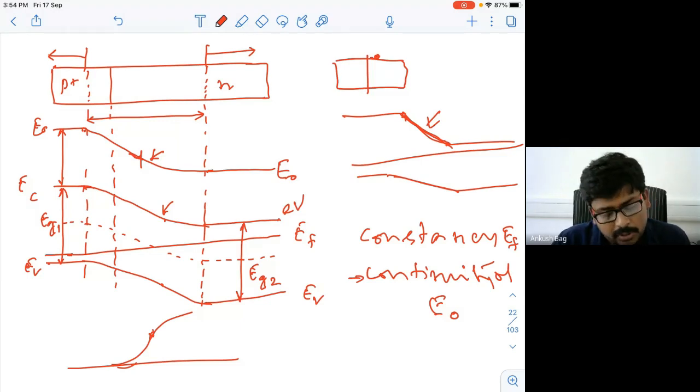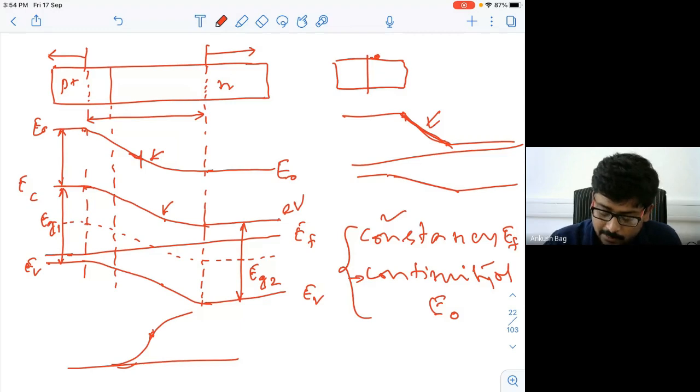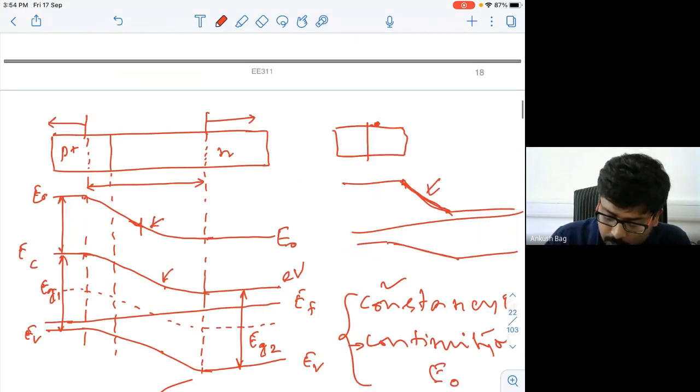But E naught in that case will also be continuous. These are the two principles we need to follow when drawing the band diagram under equilibrium.